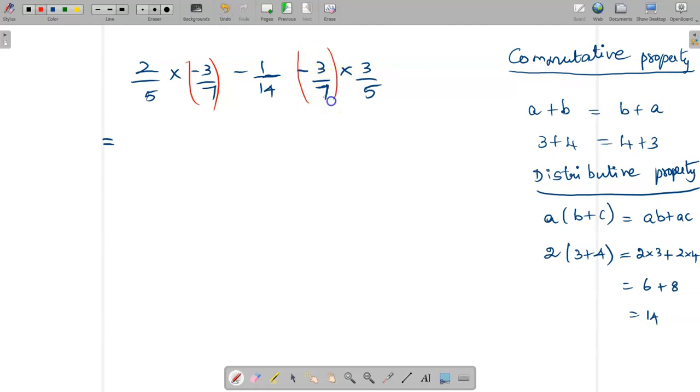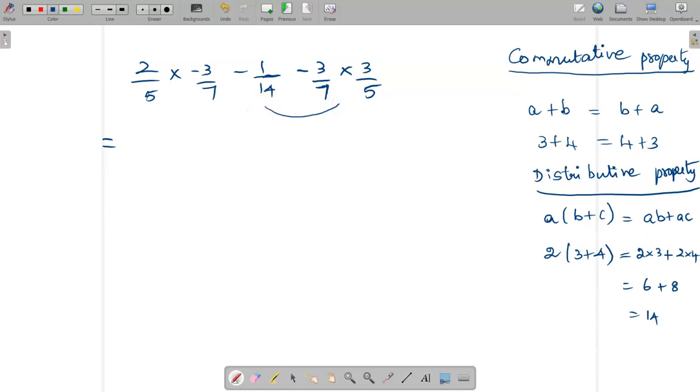In order to have both the terms properly, first of all I need to rewrite the equation. These two terms have a common term. Let me have both the terms on one side and the middle term on the other side. So let me change the order of the terms.